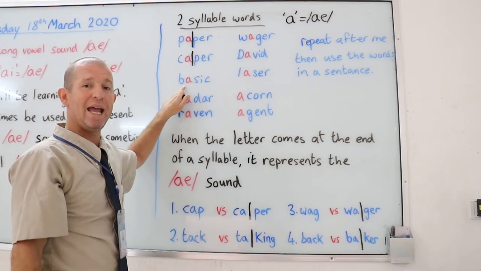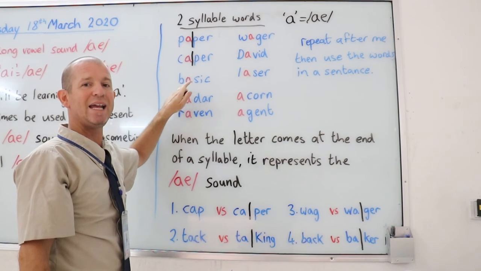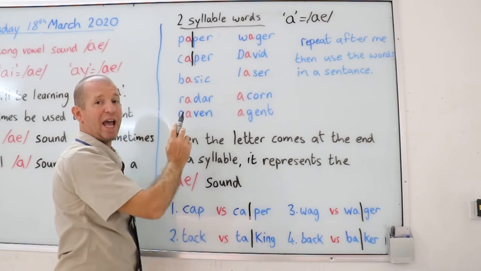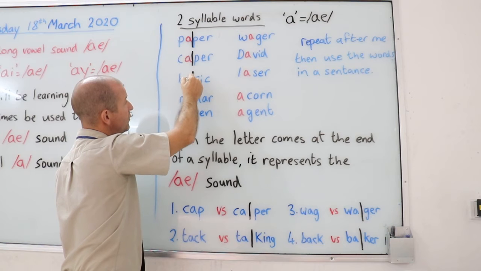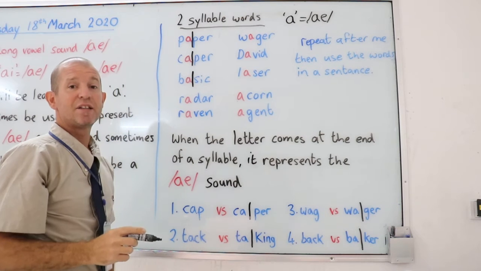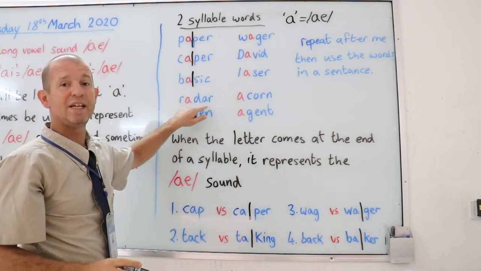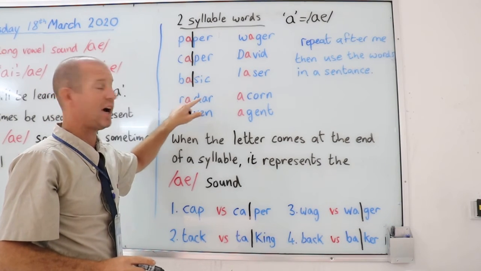Now we have basic, basic, basic. And the A, that's usually an A, changes to an A sound because it is the last letter of the syllable. Radar, radar, radar.